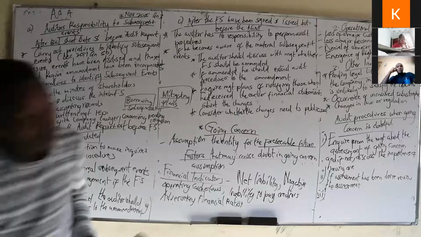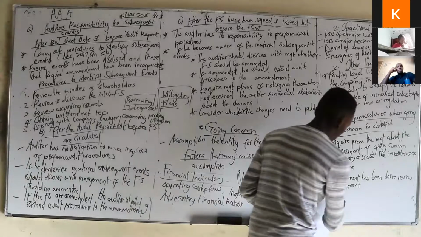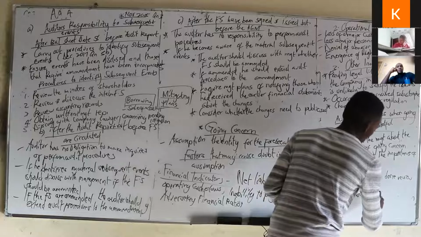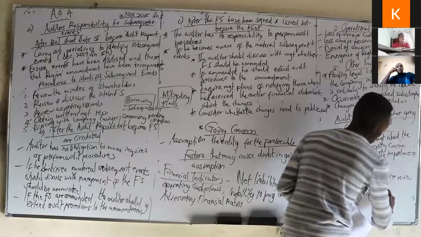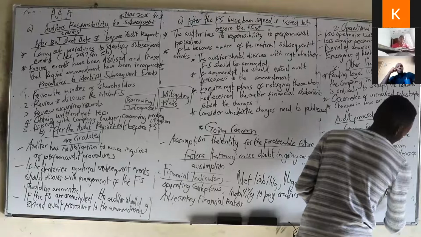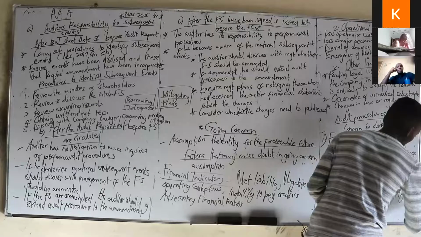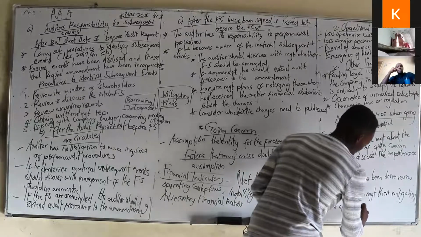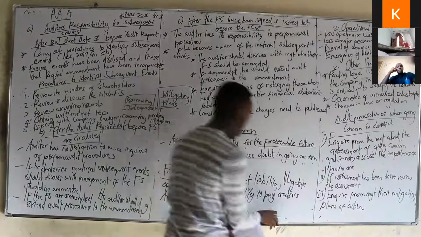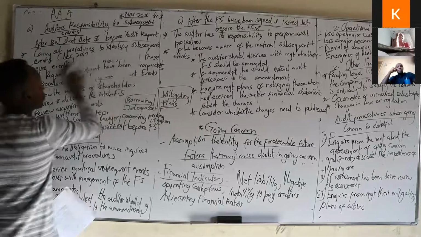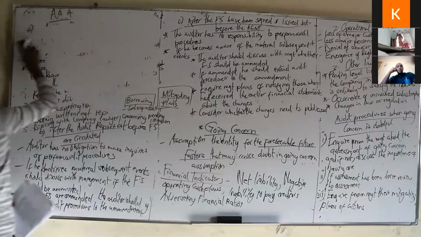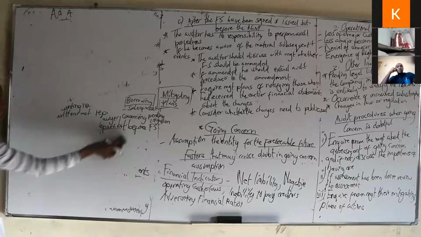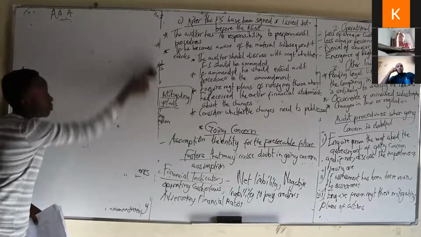So inquire from the management their mitigating plans of action. And these mitigating plans of action are to enable the company come back to its feet, or be able to deal with those indicators that will make the company not be in operation for the foreseeable future.